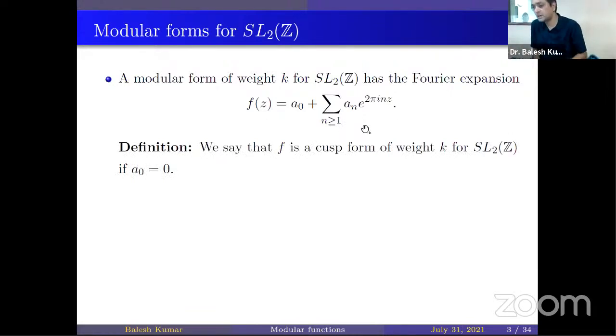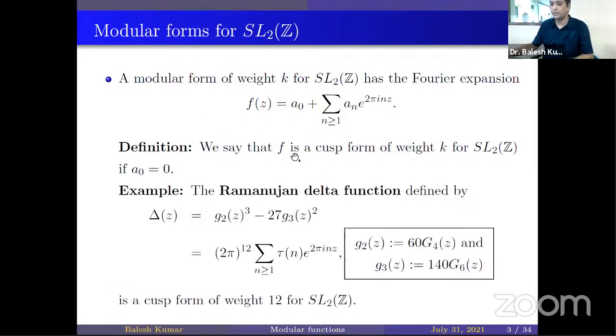We say that f is a cusp form of weight k for the modular group SL2Z if the constant term vanishes. This is the value of the function f at i infinity, and it should vanish at infinity. The famous example, the very first example of a cusp form, is the Ramanujan delta function, which is defined in terms of the Eisenstein series of weight 4 and weight 6.